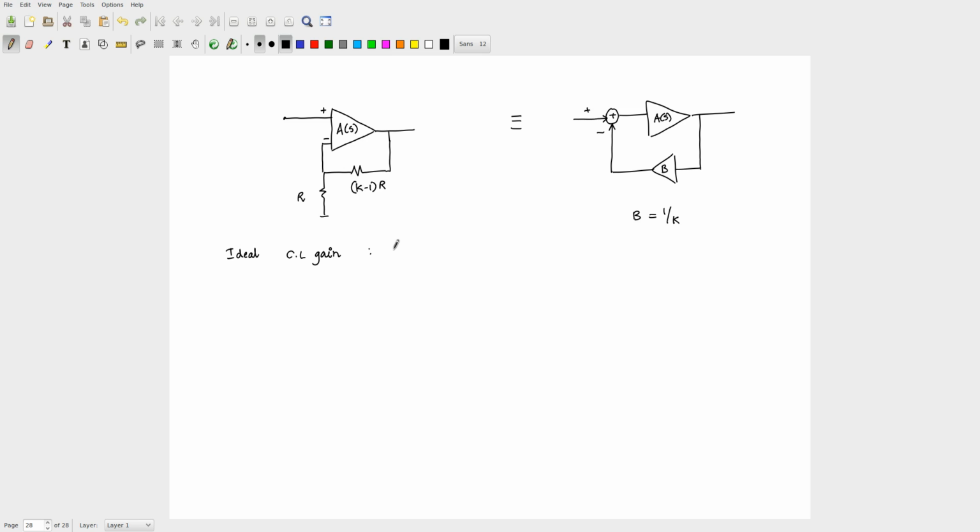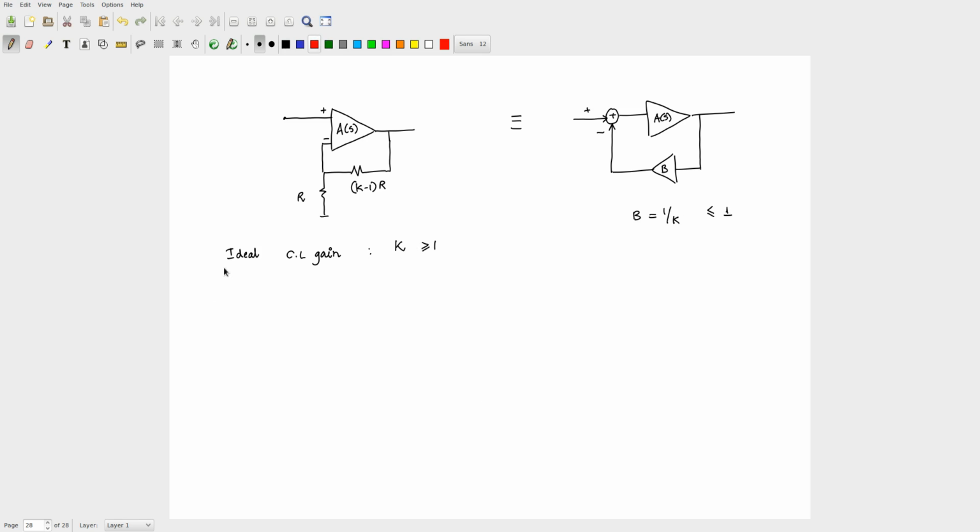A0 is infinity and all of that. Then what will it come to? It will just be K. And your K is going to be greater than or equal to 1. You want an amplifier, so you finally want K to be greater than or equal to 1, which means your B is less than or equal to 1.